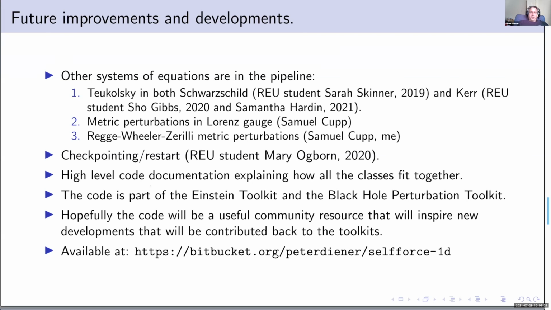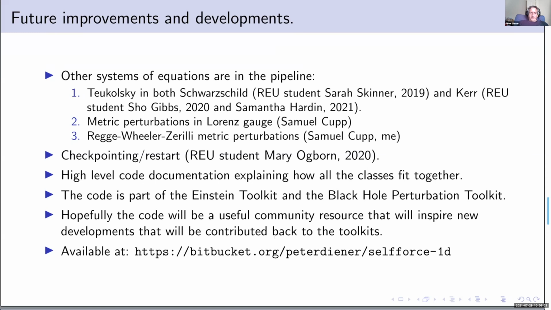What we also need is some high-level code documentation that explains how all the classes fit together. The documentation that I mentioned earlier essentially just documents the classes, but we need an overall description of how everything fits together. As I mentioned, the code is part of the Einstein Toolkit and the Black Hole Perturbation Toolkit.